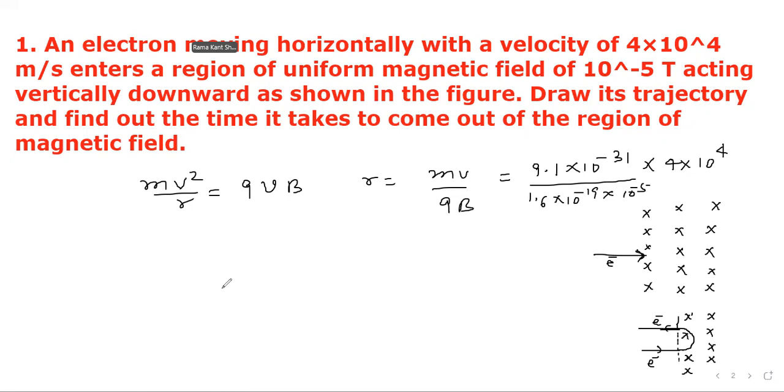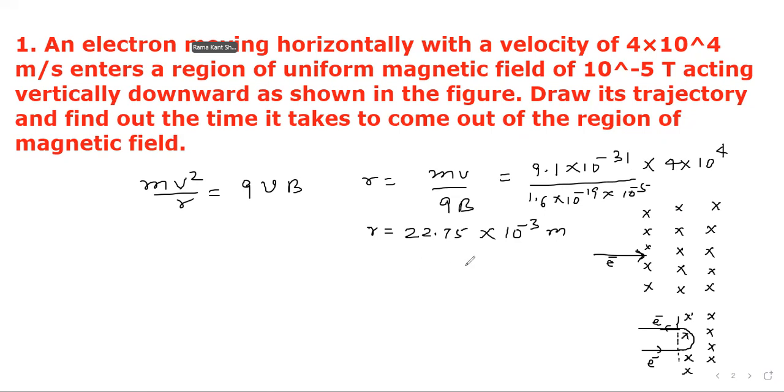So from here we get r equal to 22.75 times 10 to the power minus 3 meter, or 2.275 into 10 power minus 2 meter.